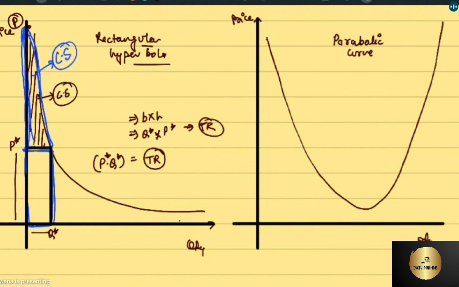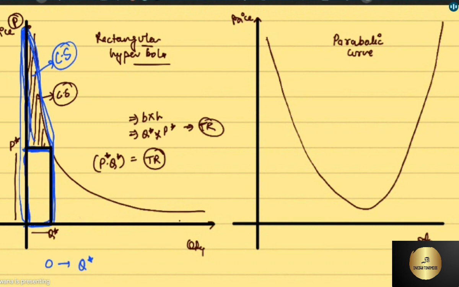First we will integrate with respect to quantity demanded Q, from 0 to Q star, so that we will be able to find the value for this whole area. Then we will subtract this rectangle, because we have the value for this rectangle already given.